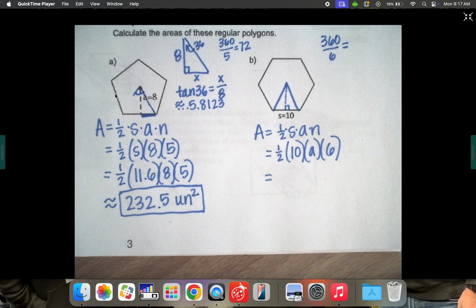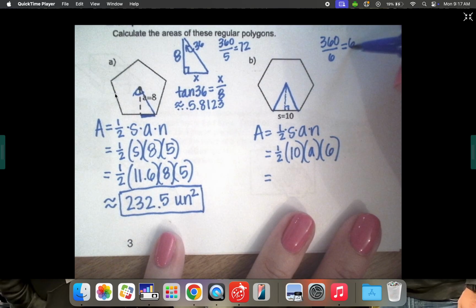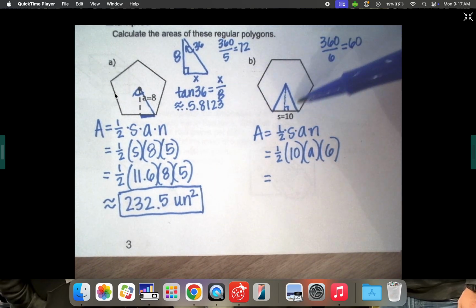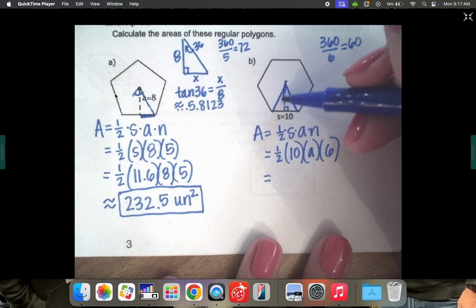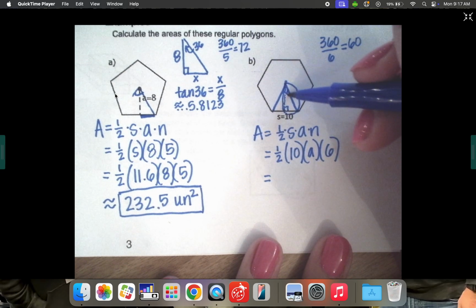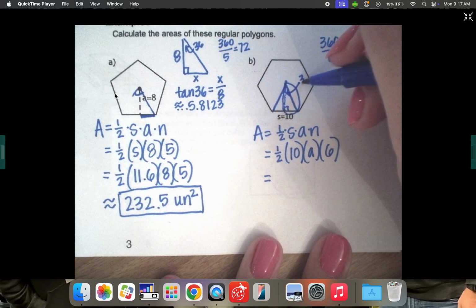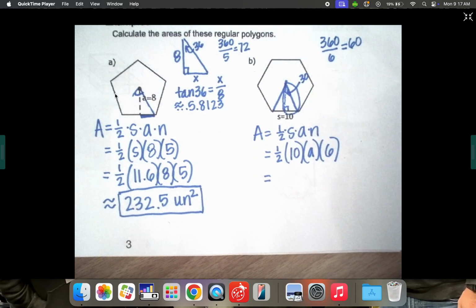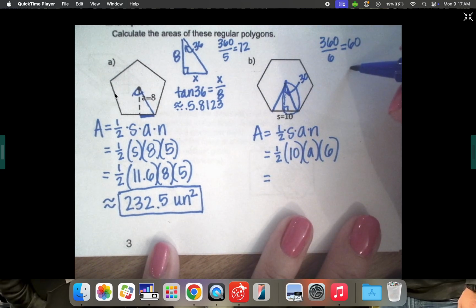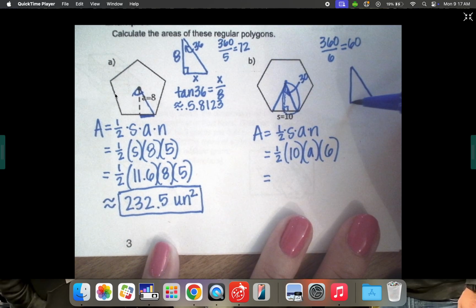And that is going to be 60. And we know that we want part of that. We're going to use just this triangle. So part of that is going to be 30 because I divided it into half. So we have a triangle over here that is a 30, 60, 90 triangle.